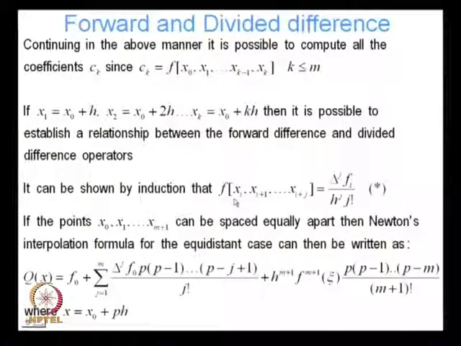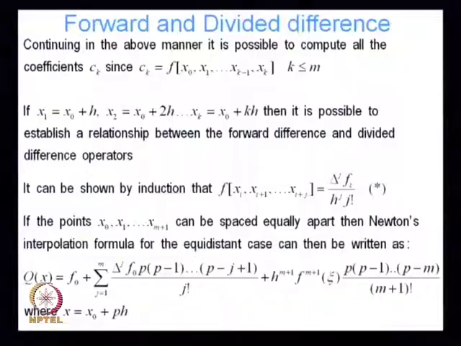I would show that it can easily be shown for j equal to 1, and then for j equal to 2, and then I assume that it is true for j equal to k, and then I can show that if it is true for j equal to k, it is always going to be true for k plus 1. So that can be proved.